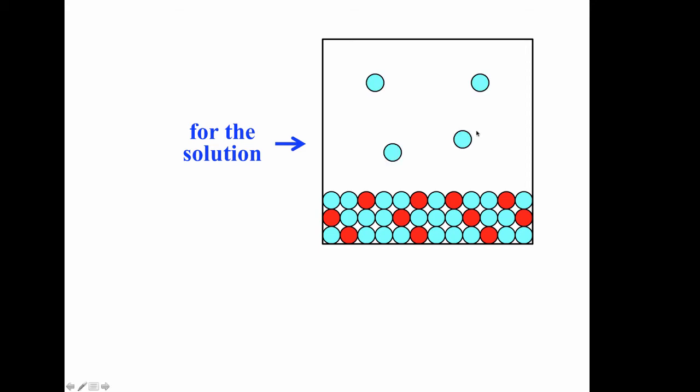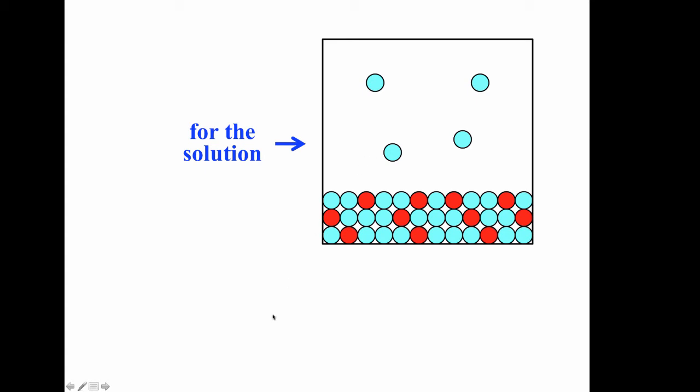And we'll still have a vapor pressure due to escaping gas molecules that came from the liquid, but in this case, they're all going to be solvent molecules, because we're dealing with a non-volatile solute, and that means that the solute molecules, or ions if they might be that, don't form a gas.